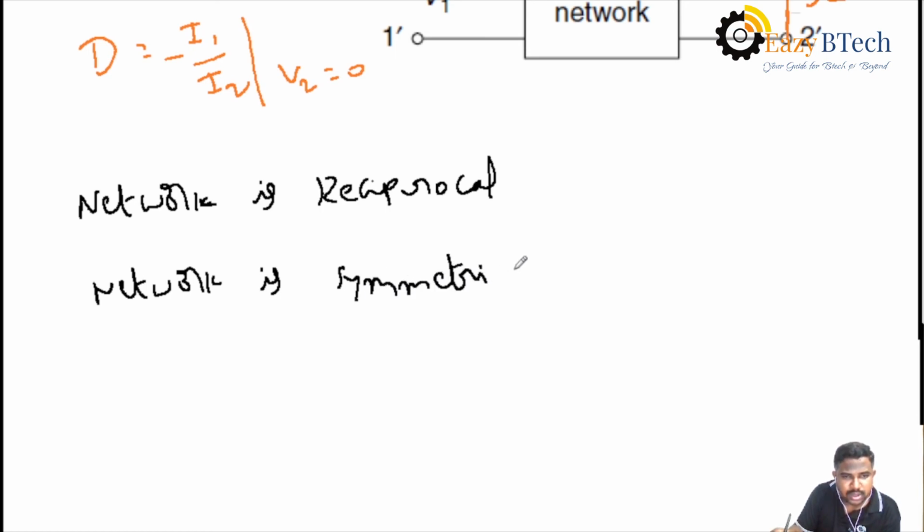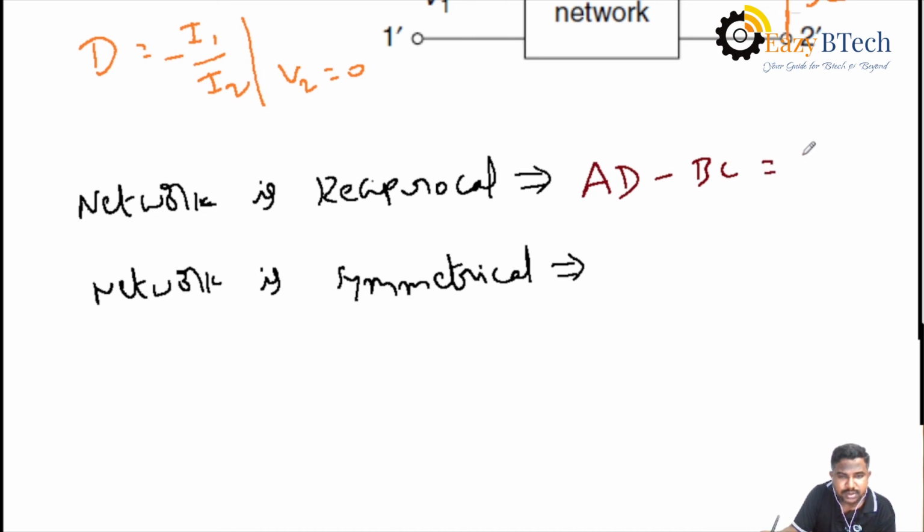These reciprocal and symmetrical conditions are both very important in GATE examinations. The condition for reciprocal in terms of ABCD parameters is AD minus BC equal to 1. Similarly, for symmetrical, the condition is A equal to D. These are the two conditions. You have to verify that the given circuit is reciprocal as well as symmetrical.